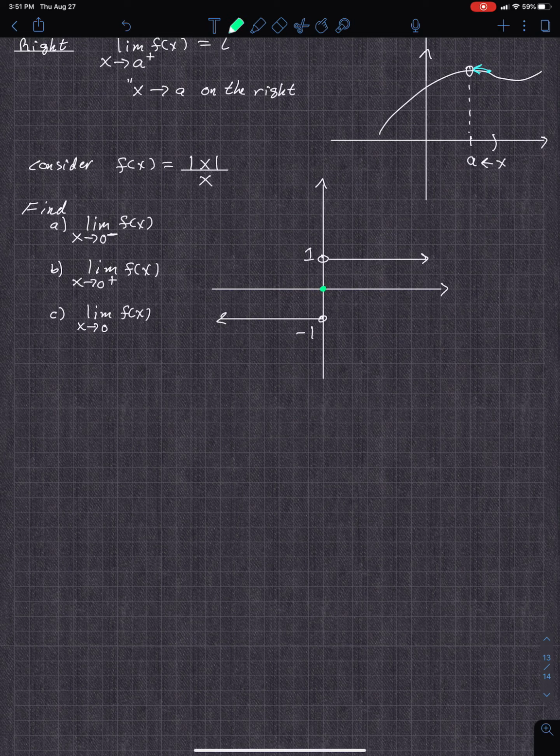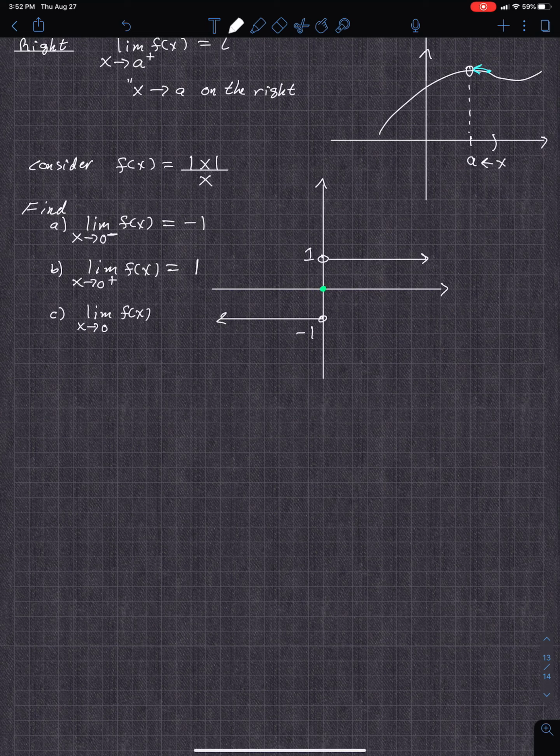So this is equal to negative 1. And if you approach on this side, we can see you're getting this value. It's all of these function values you're getting close to. So on the right, you're approaching 1, and on the left, you're approaching negative 1. So on the right, it's positive 1.